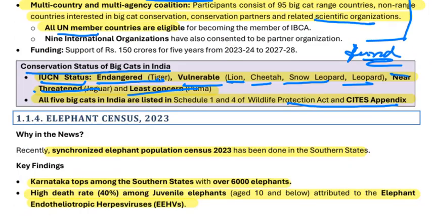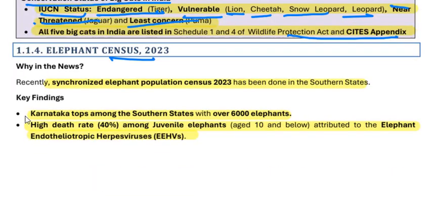Next is about the elephant census of 2023. Synchronized elephant population census 2023 has been done in the southern states. Key findings. First, Karnataka tops. At least you should remember the first state: Karnataka tops among the southern states with over 6,000 elephants.